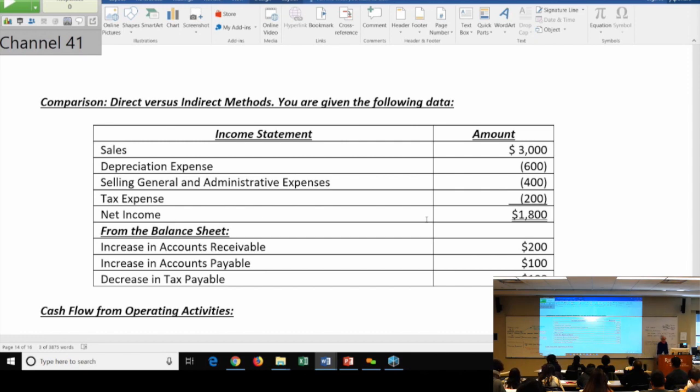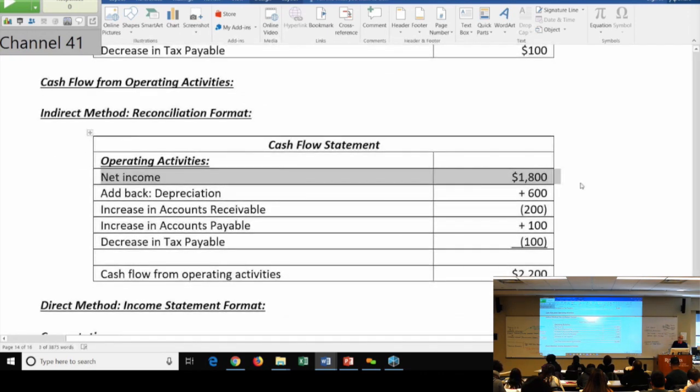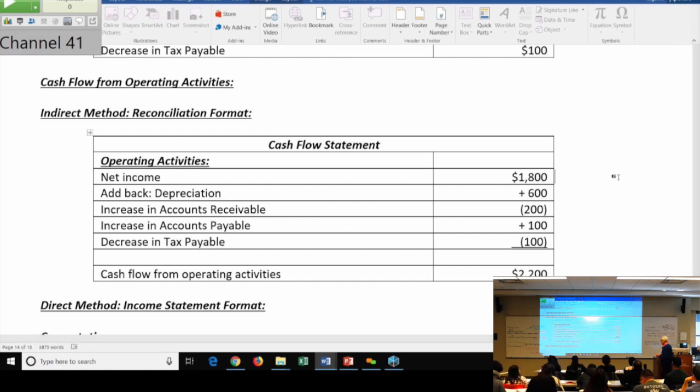So when I calculate cash from operations, I take net income, I add back depreciation, because it's a non-cash expense. I then will have an increase in accounts receivable being deducted because those are sales I did not collect. I also have an increase in accounts payable being added because those are expenses, and Tony's was your question before.